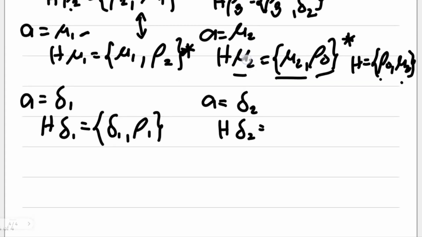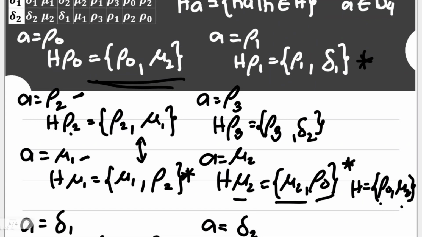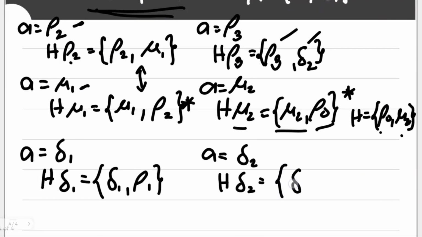Finally, for delta sub 2, so rho sub 0 and delta sub 2 is delta sub 2, mu sub 2 and delta sub 2, because that's mu sub 2 here, rho sub 3. So you have delta sub 2, mu sub 3. It's actually similar to this one here. Delta sub 2, mu sub 3. Okay, so delta sub 2 and, not mu, rho sub 3.